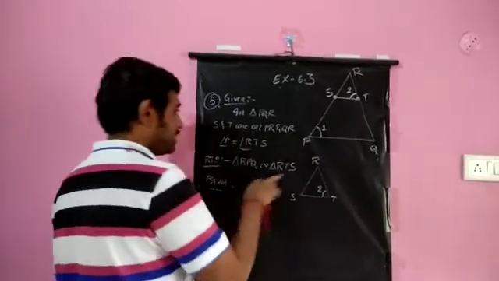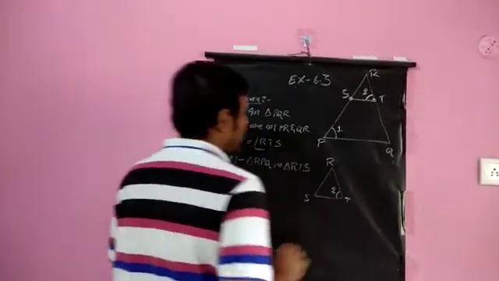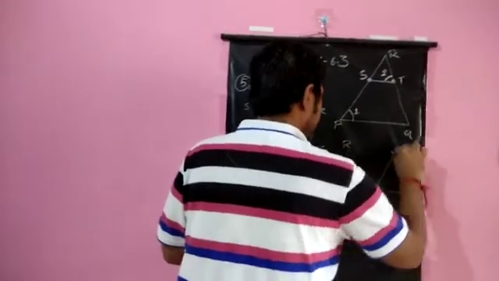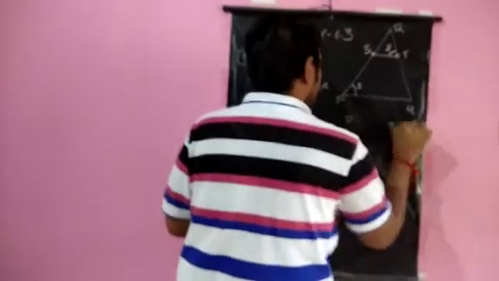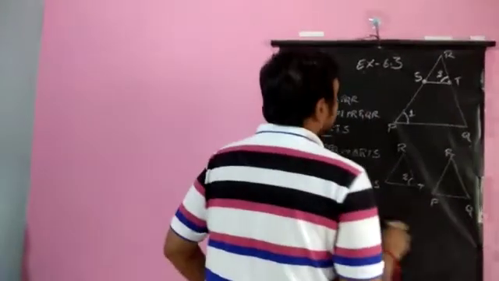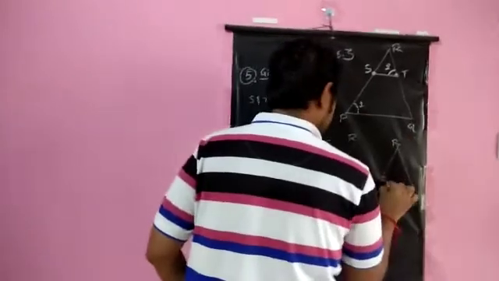This is in triangle RTS. The other is RPQ. If I take P here, at P we have angle 1.